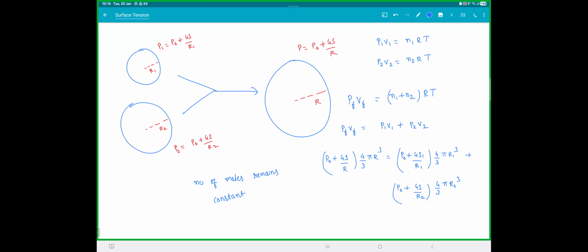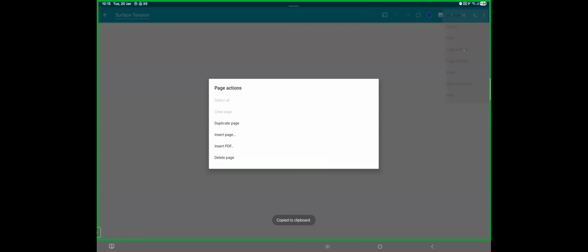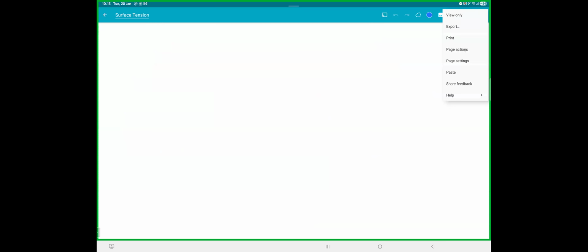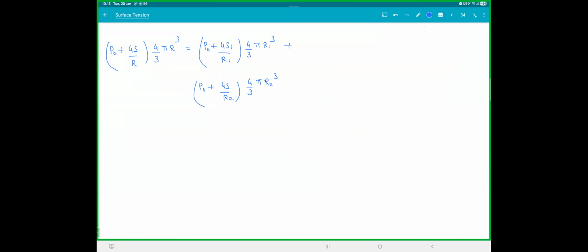Now, if you take this equation here and try to simplify, you'll get what you want. So bring all P naughts to one side. That will become P naught times 4 by 3 pi R cube minus 4 by 3 pi R1 cube plus R2 cube.